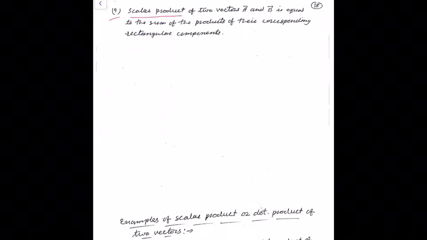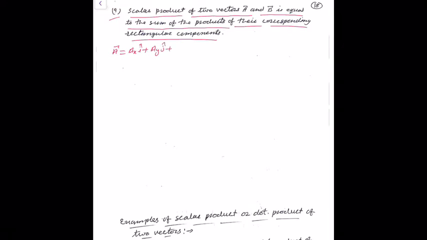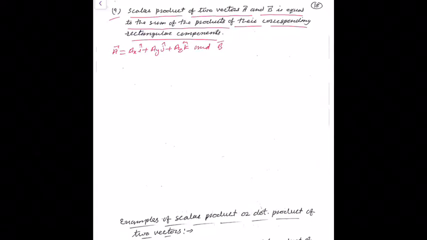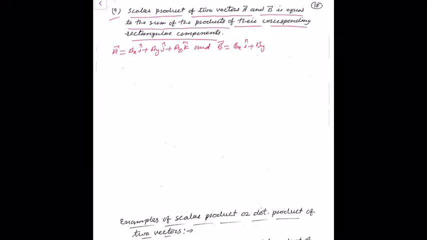Next, ninth, scalar product of two vectors a vector and b vector is equal to the sum of the products of their corresponding rectangular components. Let a vector is equal to ax i cap plus ay j cap plus az k cap and b vector is equal to bx i cap plus by j cap plus bz k cap.